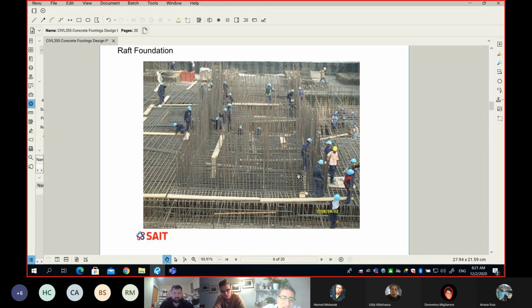I'm not sure if you can imagine that. So you have a slab at the very, very bottom of your building, and all the columns are pushing on top of this slab, taking the loads of the entire building to the soil. And so the load that this slab is supposed to support is simply the load of the entire building, as simple as that. And that's why it is very thick. It can be 1.5 meter, it can be 1 meter, sometimes it can be 5.5 meter.